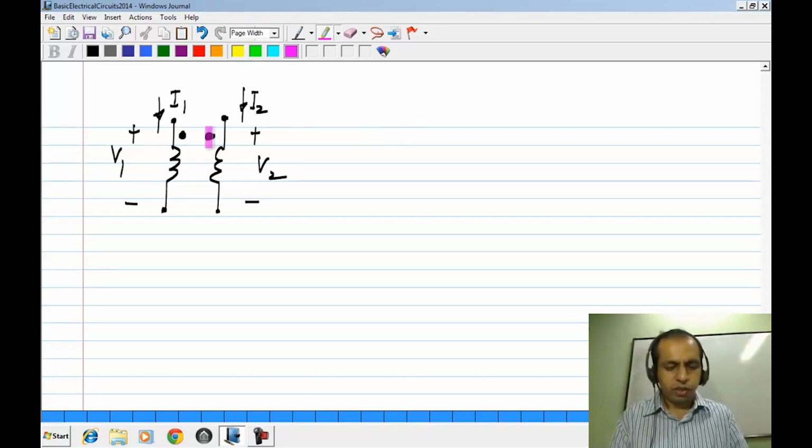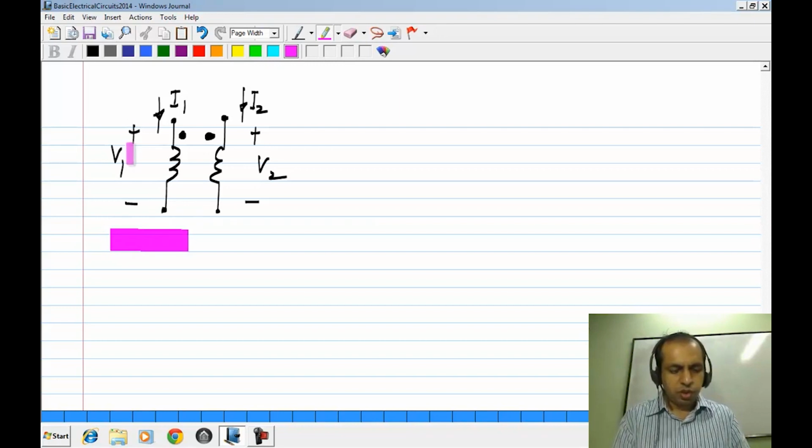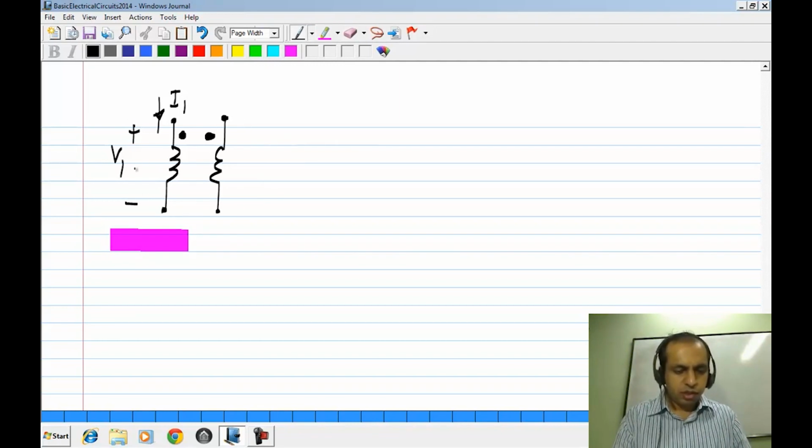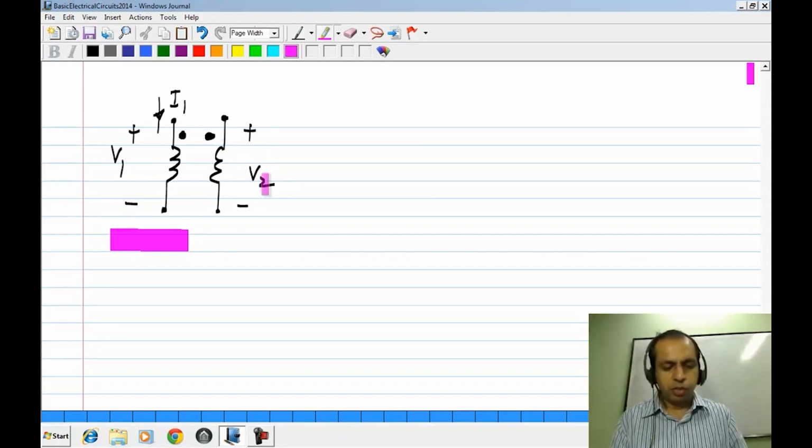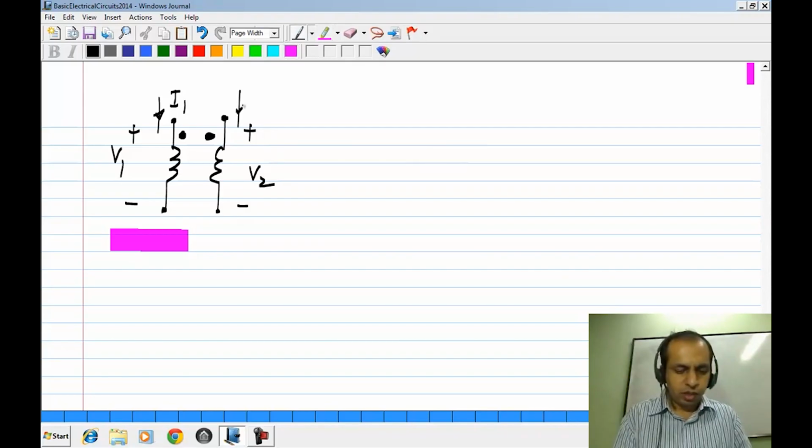So, once you are given the dots, let us say you choose V1 this way. For the definition of V1, the terminal with the dot is positive and I1 flows into the dot. Then you take V2 also with the terminal with the dot being positive and I2 flowing into the dot.